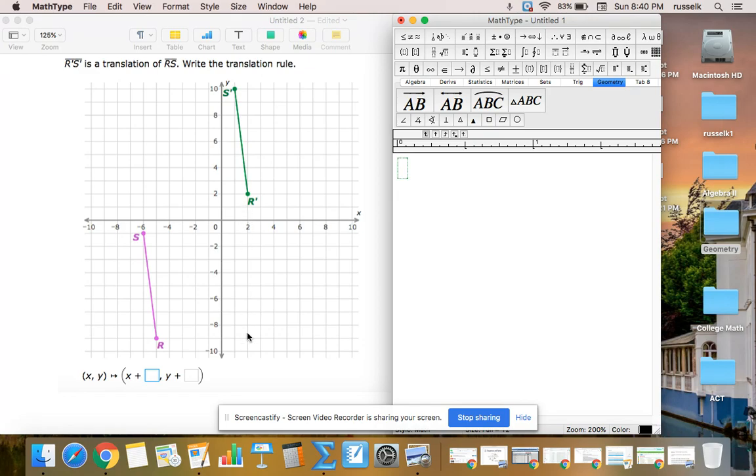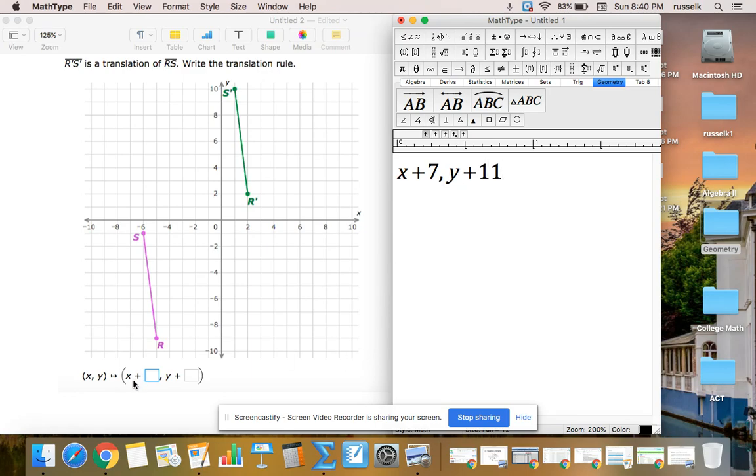So I would have x plus 7. And then my y's, if I'm down at -9, to get to this R prime, I'd have to go up 11 spaces. So that would be y plus 11.